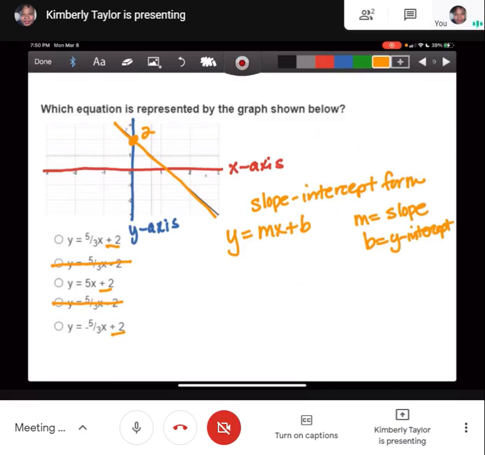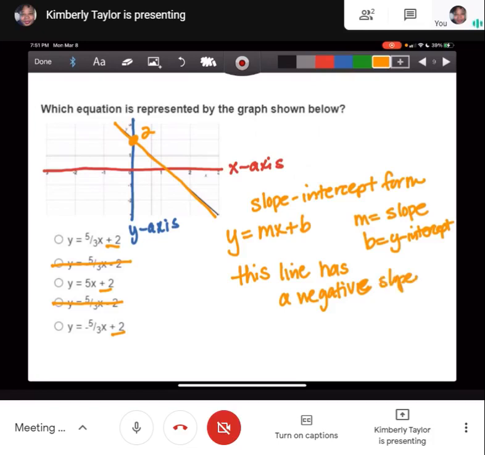So now, how do you know which one to pick? When you're looking at this particular graph, you need to know that this line has a negative slope. And how do I know that?